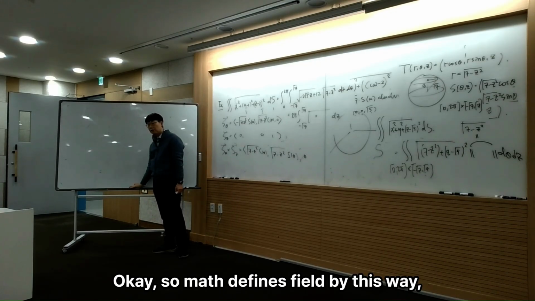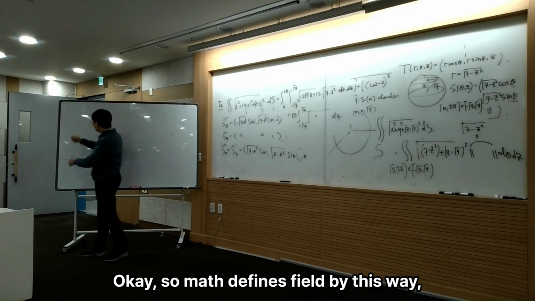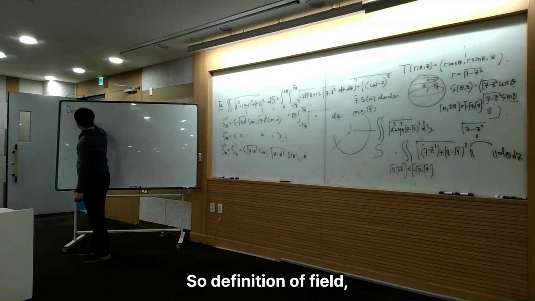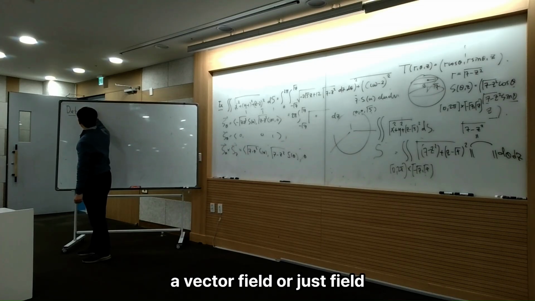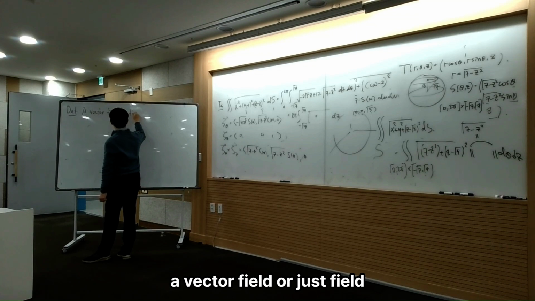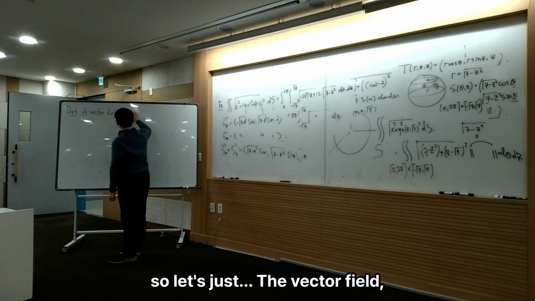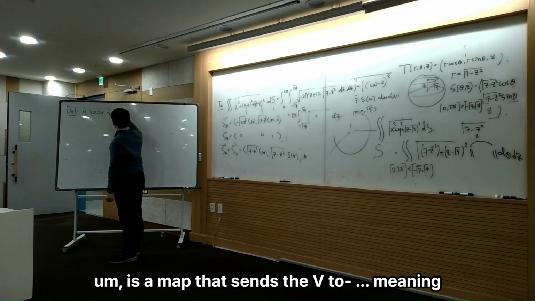Okay, so math defines a field this way. I think you can also use this definition in the physical sense. So the definition of a vector field, or just field. In mathematics, field has a different meaning. So the vector field is a map.